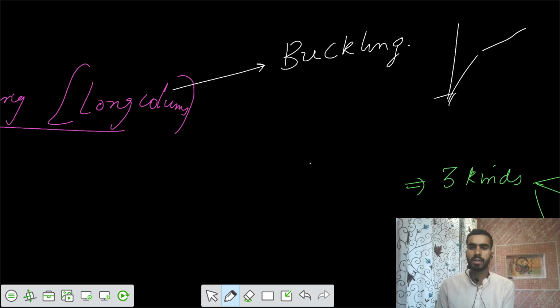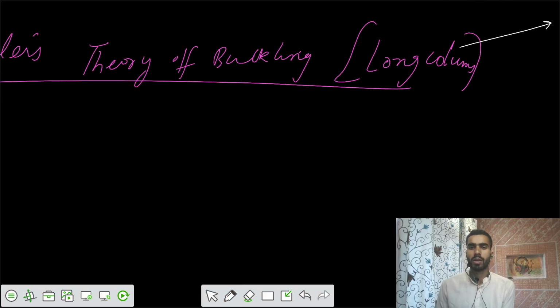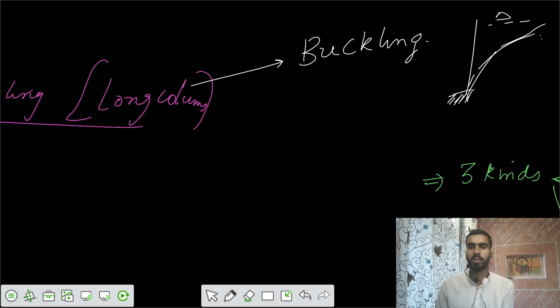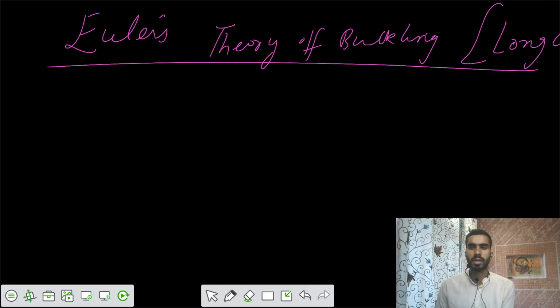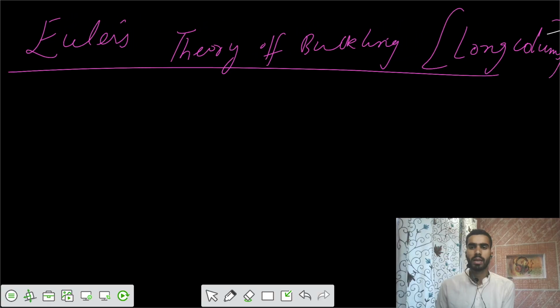That means it deflects by some delta, and because of that instability, it's not able to retain its position, so it's unable to take more load, even though the stresses are lesser than the yield stress. So we will be talking about long columns and buckling, and let's have Euler's theory of buckling for long columns.